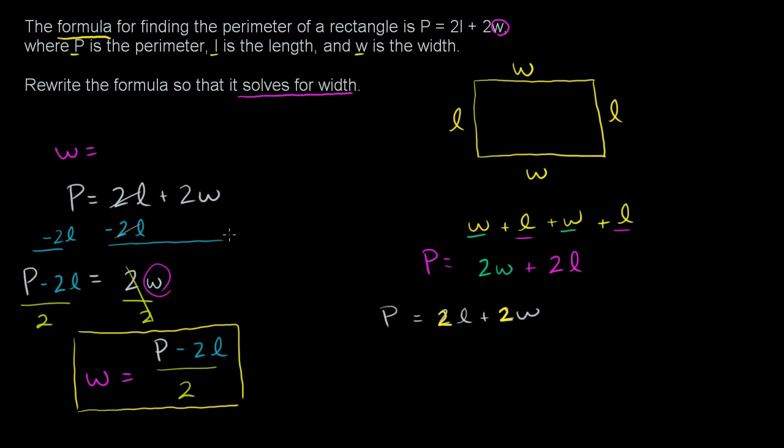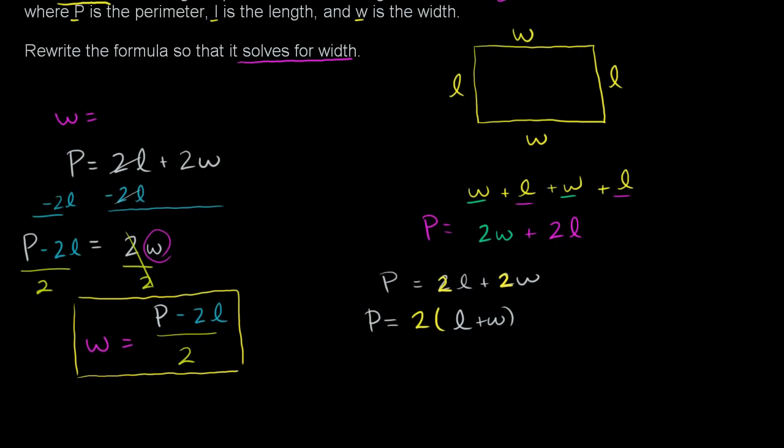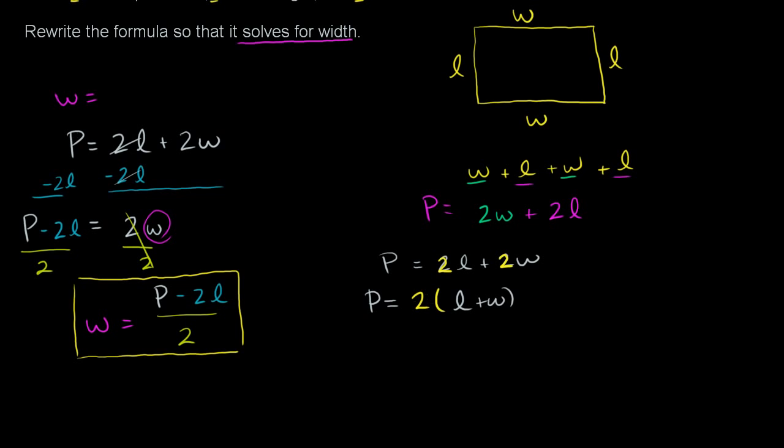So we would get P is equal to 2 times L plus W. This is an equally legitimate way to do this problem. Now, we can divide both sides of this equation by 2 so that we get rid of this 2 on the right-hand side. So if you divide both sides of this equation by 2, these 2's are going to cancel out. 2 times anything divided by 2 is just going to be the anything, is equal to P over 2.